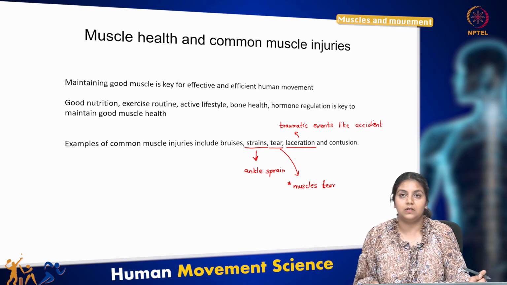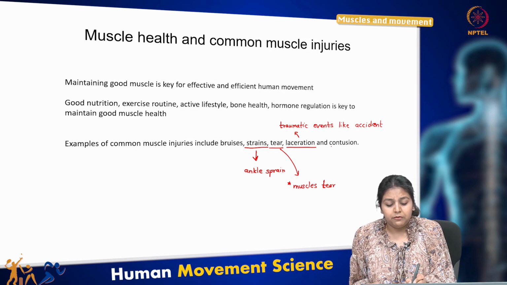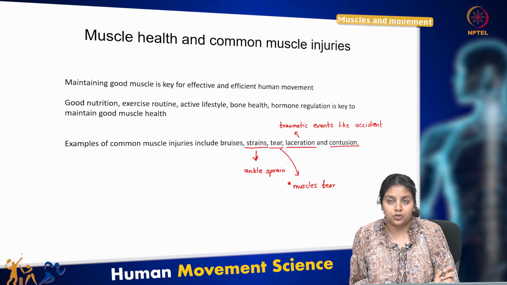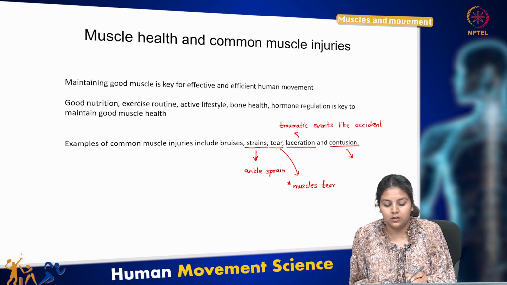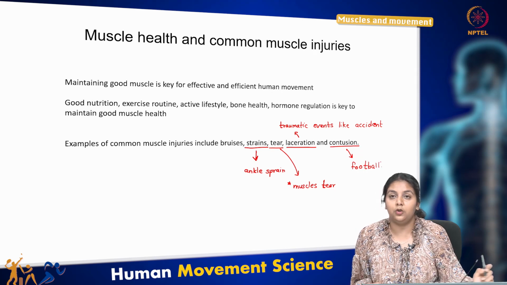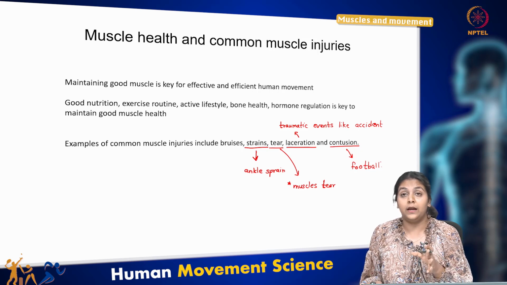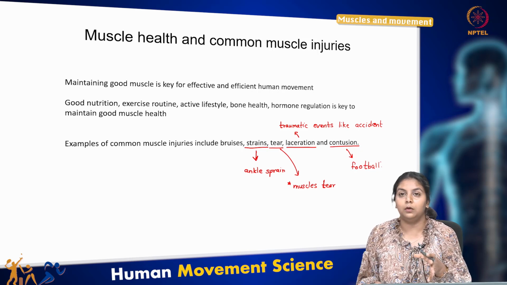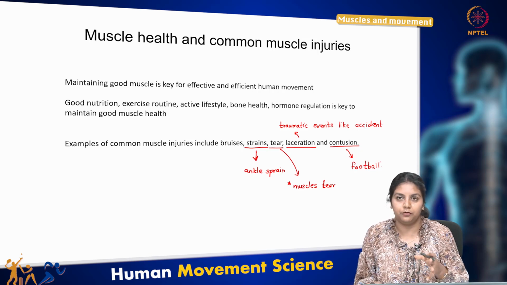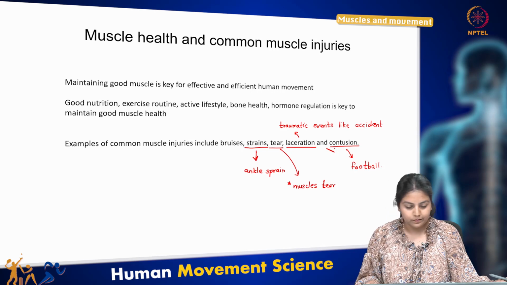Another type of muscle injury is contusion. Contusion is commonly seen in contact sports like football. For example, when you get a blow on the thigh from another player's knee, there are chances of a muscle contusion.